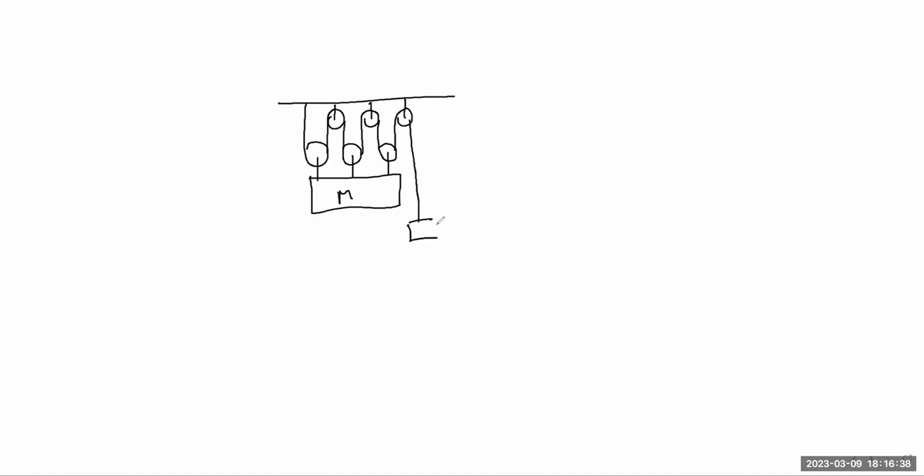So again, the constraint will be here also, right? So if this goes with V1, this will go with V2, isn't it? And you can write the tension. Tension, if I say T here, what is the tension here? 1, 2, 3, 4, 5, 6. So 6T V2 minus T V1 equals 0. V1 is 6V2, right?